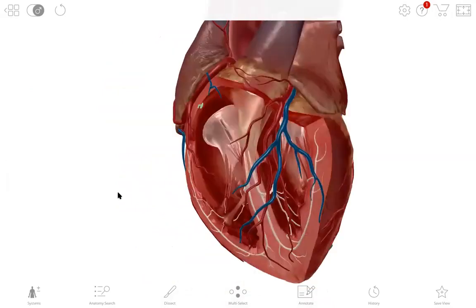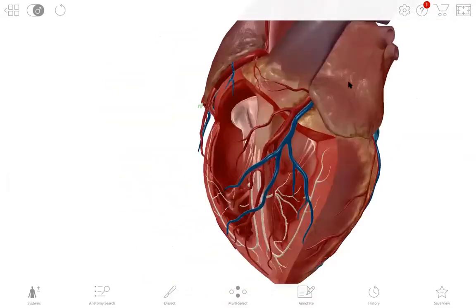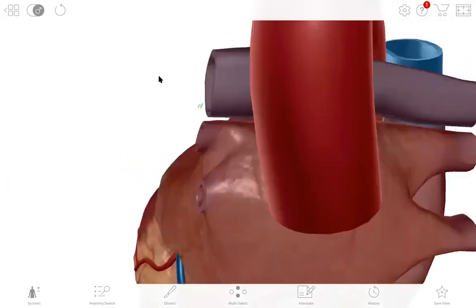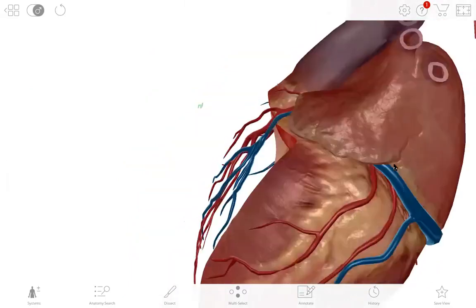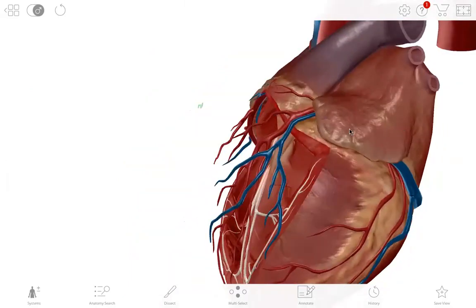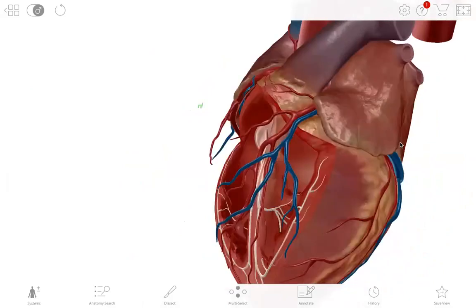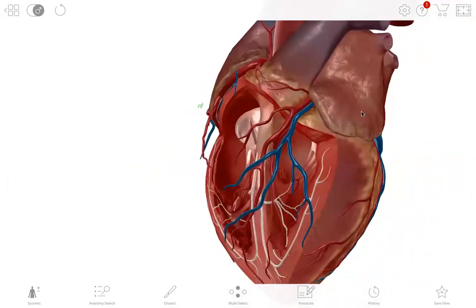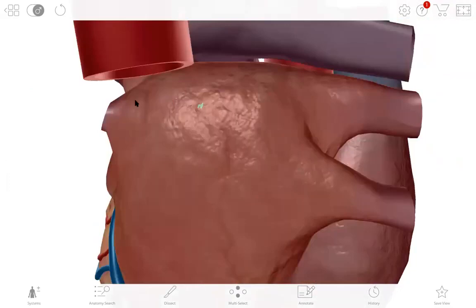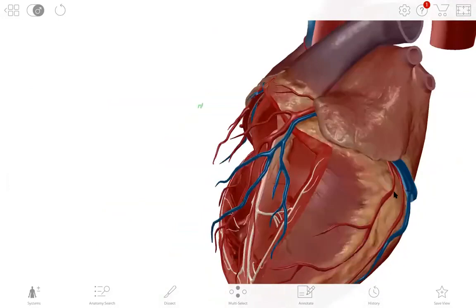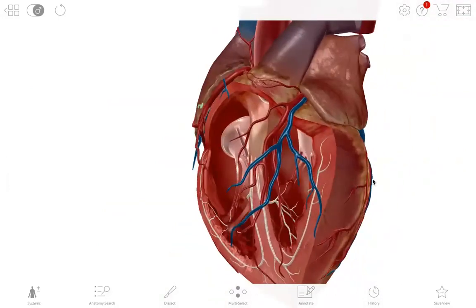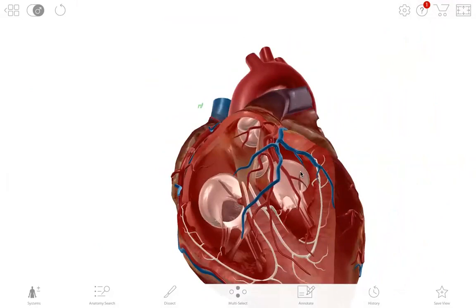Okay. Now if I come to talk about the left atrium, the left atrium also has a smooth part and a rough part, and the rough part is present in the extension of the left atrium, which is called the left auricle, and the smooth part has 4 openings for the pulmonary veins, as we mentioned. Then through the left atrioventricular valve, which is called the mitral valve.